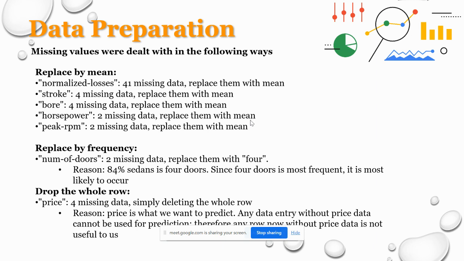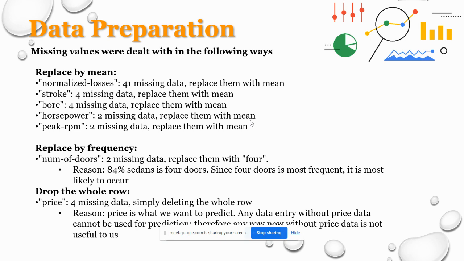That is about target variables. If price was not a target variable and it had missing values, we could either replace by mean or replace by frequency. But since price is the variable of concern, we needed to drop off the rows that have the missing values, which are about four of them.